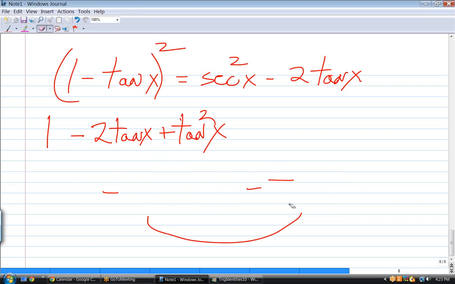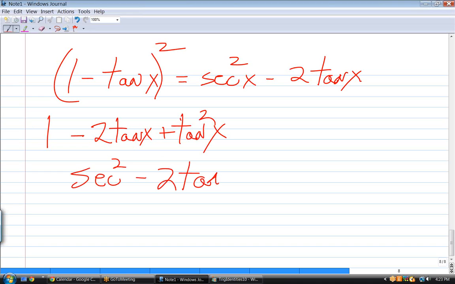Okay. And now the problem is basically solved, as all you have to do is put those two things together. There's an identity that says 1 plus tan squared is equal to secant squared. So that's what the left side becomes. All right.